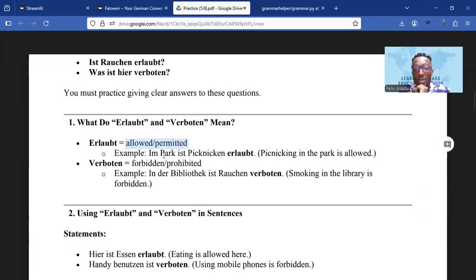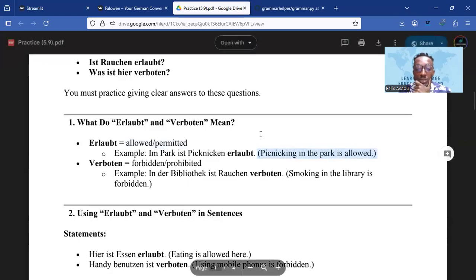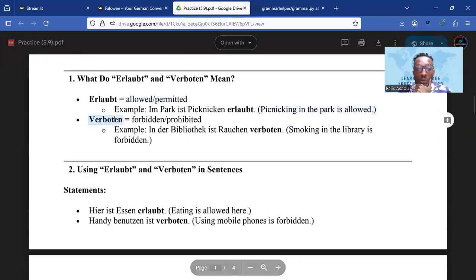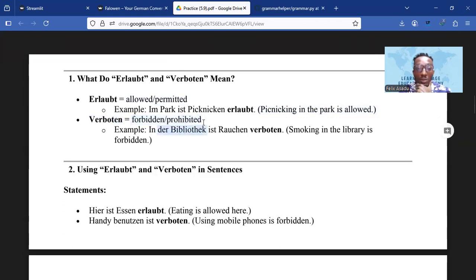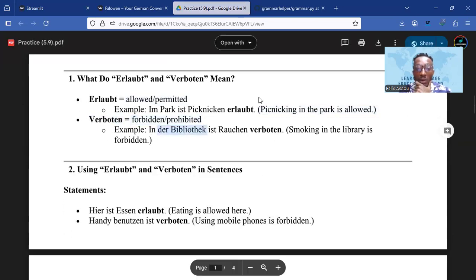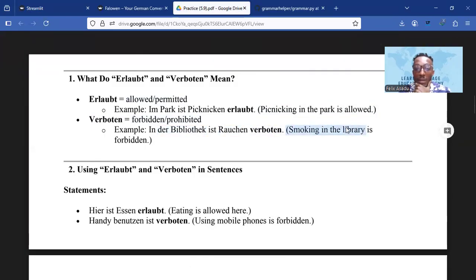So Picknicken im Park ist erlaubt implies that picnicking in the park is allowed, and verboten is forbidden, that is prohibited, right? That means that it is not allowed. For example, in der Bibliothek ist Rauchen verboten. That means that smoking in the library is forbidden.